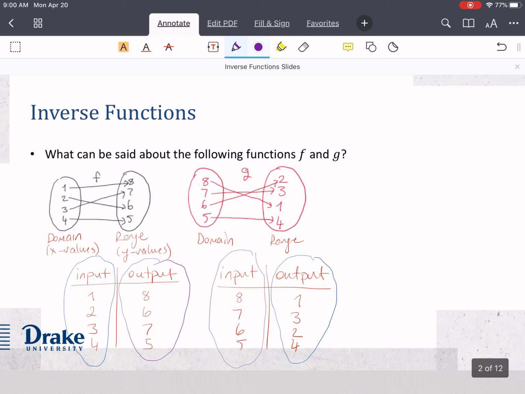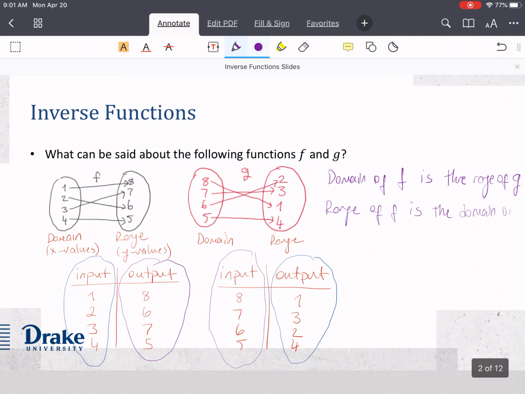And what we realize here is that the domain of f is the range of g, and then the range of f seems to be the domain of g.